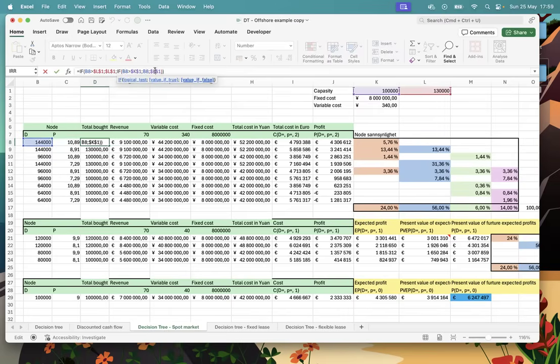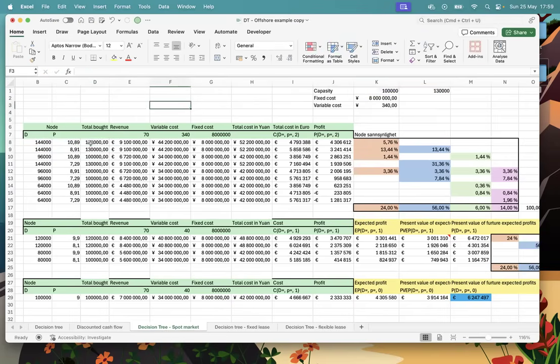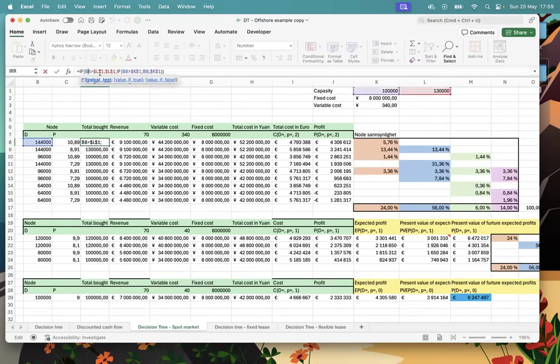If this is false, we will use the lower limit. So if this one is lower than this one, we will use this one. Then you just close the two parentheses. If this is false, it will use this one, and if this is true, it will use this one, so we don't take this one into regard.